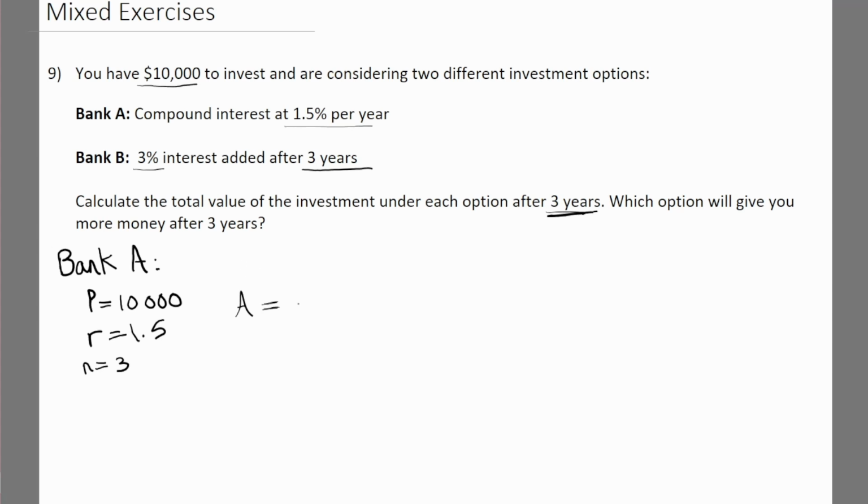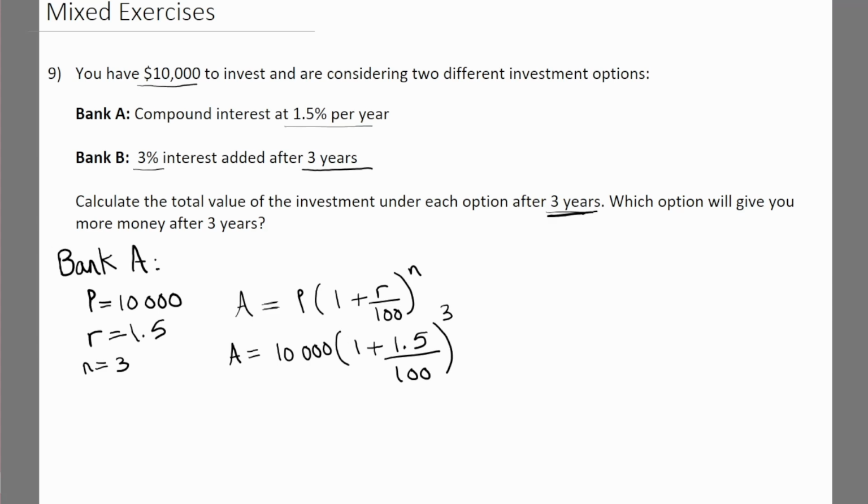So the amount will be the principal multiplied by (1 + r/100)^n. And so the amount will be equal to 10,000 multiplied by (1 + 1.5/100) all to the power of 3.